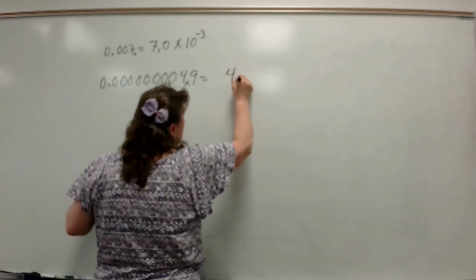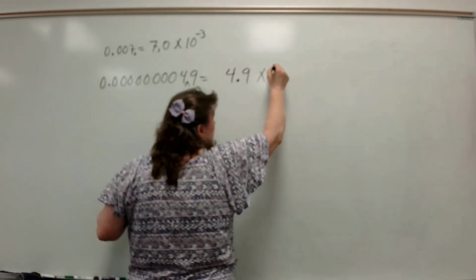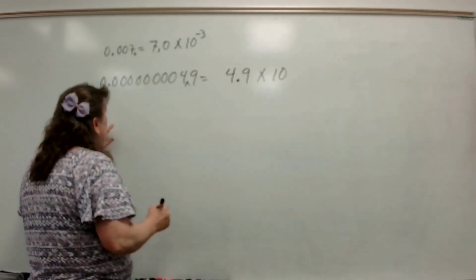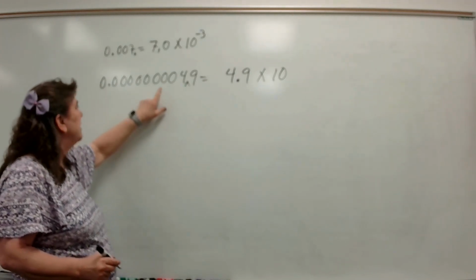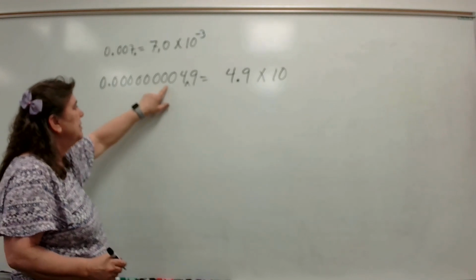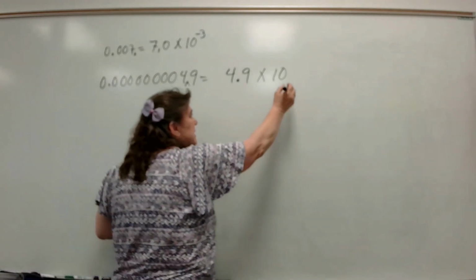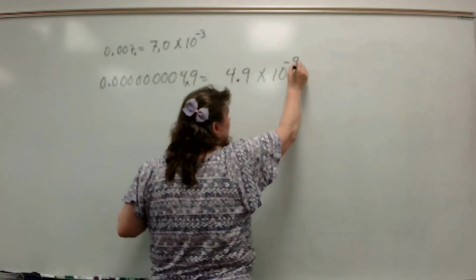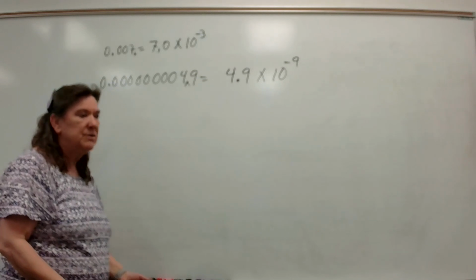So this is 4.9 times 10 to what power? Well, how many places do I have to go to get to where I started? 1, 2, 3, 4, 5, 6, 7, 8, 9. So this is a negative 9 because I have to move left instead of right to get back to where I started.